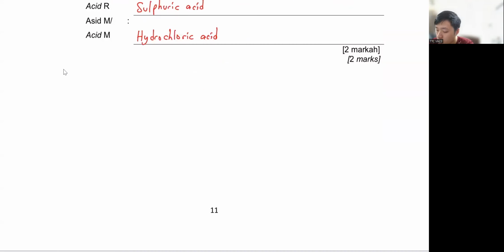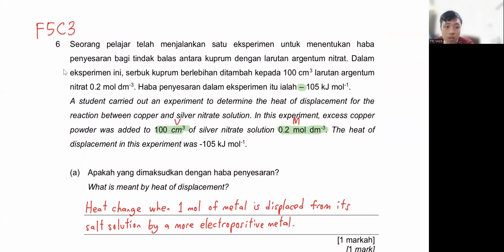Now, question 6 is from Form 5 Chapter 3. Heat of displacement means you have to know the heat change when 1 mole of metal is displaced. If they say based on this experiment, then you write silver, copper, silver nitrate: 1 mole of silver is displaced from silver nitrate by copper.